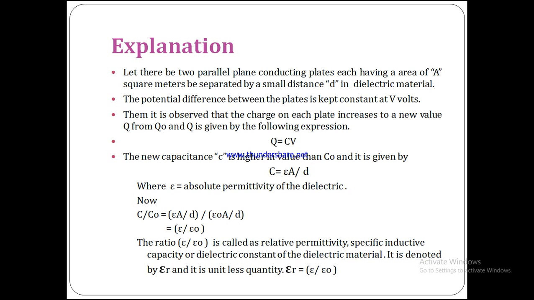When we solve this equation, we get a new term in this dielectric concept, the relative permittivity, which is also called the dielectric constant of the dielectric material, denoted by epsilon r. How is epsilon r obtained? Epsilon r is equal to epsilon upon epsilon 0.